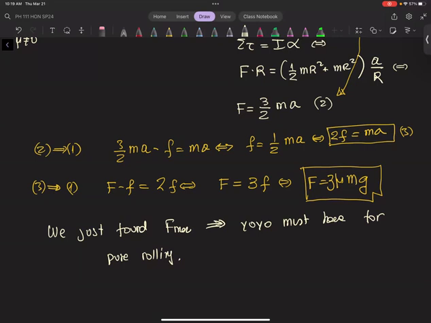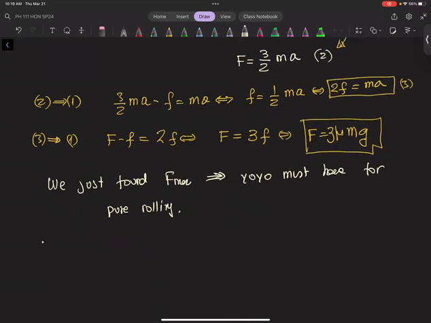Because I will prove to you very quickly that if this force was greater than 3 mu mg, we wouldn't have rolling. You know how easy this is? Well, if we assume that we have skidding, that would mean that the linear acceleration would be greater than the angular acceleration times r.